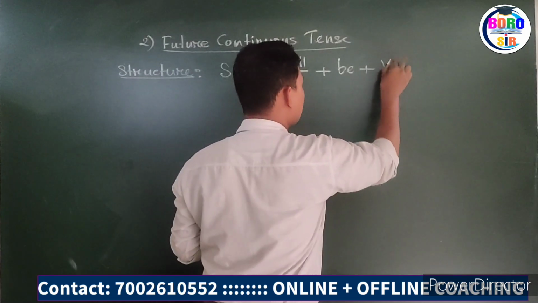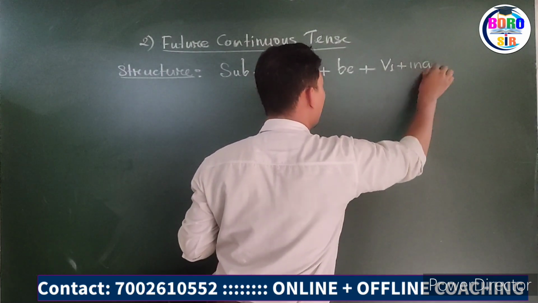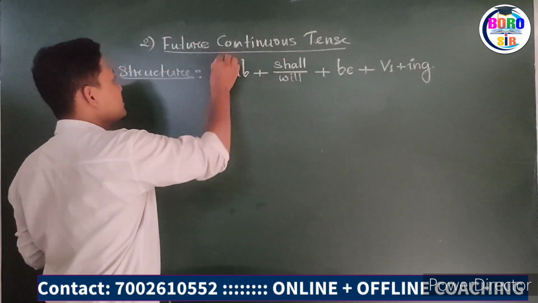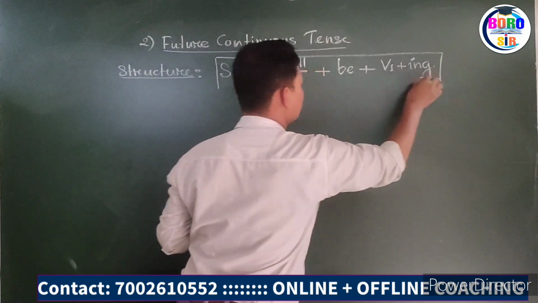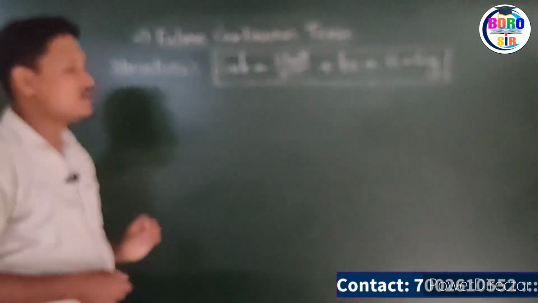Then you are going to take the main verb number 1 and add ing at the end of the main verb. So look, we have written the structure of future continuous tense.